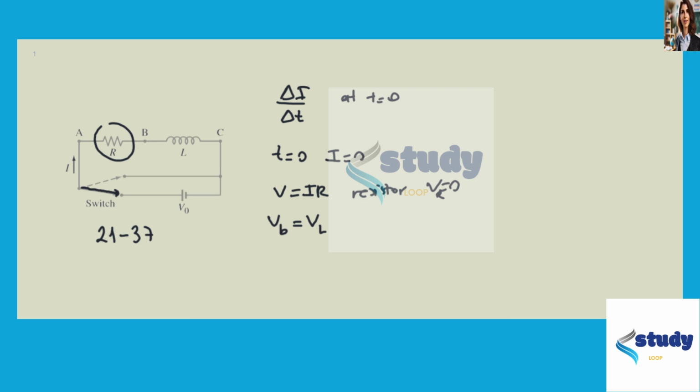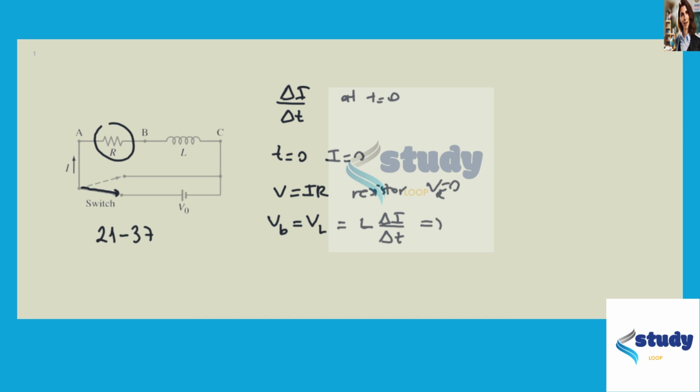When that's the case, remember this equals L times delta I over delta T, the inductance times the rate of change of current with respect to time. Since we now know that the potential drop across the resistor is 0, the battery's potential equals the potential across the inductor.